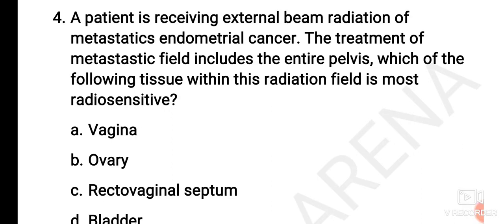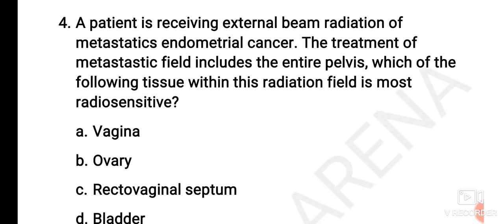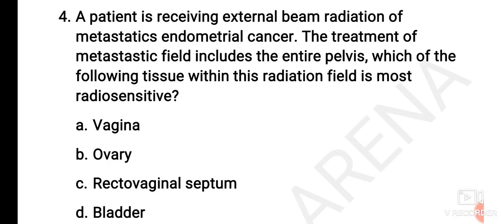A patient is receiving external beam radiation for metastatic endometrial cancer. The treatment of the metastatic field includes the entire pelvis. Which of the following tissues within this radiation field is most radiosensitive? Vagina, ovary, rectovaginal septum or bladder?